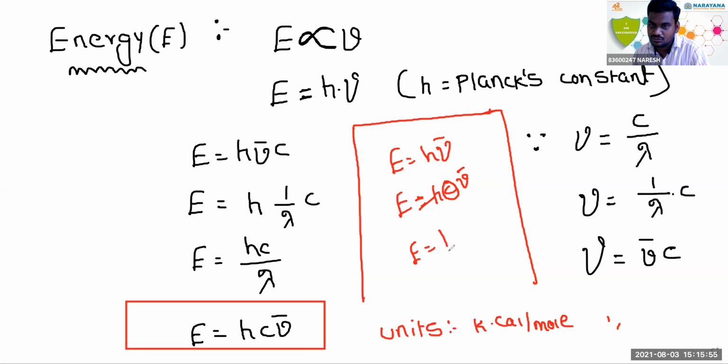E is equal to h nu is the general form of energy, and the other is energy versus wave number. That C is used based on the condition we take in numericals. While solving problems, generally we use these formulas: E is equal to h nu, E is equal to hc nu bar. If they directly ask, I suppose to take E is equal to h nu only. Sometimes they will mention the C value also. Then you have to take E is equal to h into C nu bar. Both are correct only.